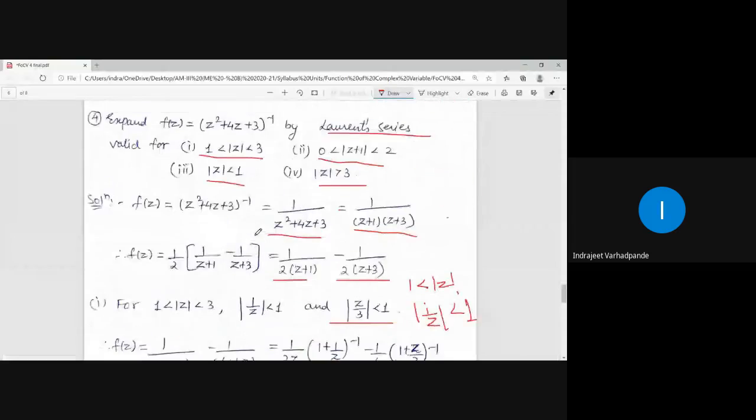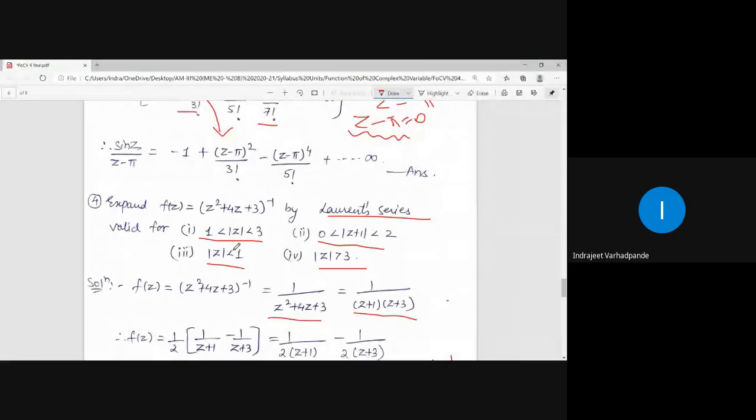See, in the question I have mentioned 4 regions. In the solution I have taken first and second. So it is your job to simplify it for the third region and the fourth region.